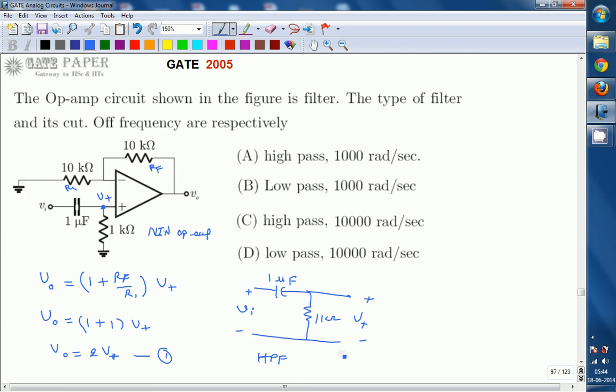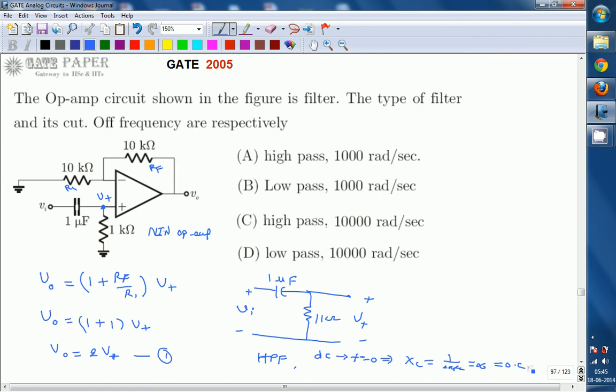How can we say that it is a high pass filter? Because for f equal to 0, for DC, XC, that is 1 by 2 pi fC, is going to be infinite, where it acts as an open circuit. So the capacitor acts as an open circuit for DC as well as for small frequencies. So no input signal is connected to the output for DC signals as well as low frequency signals.